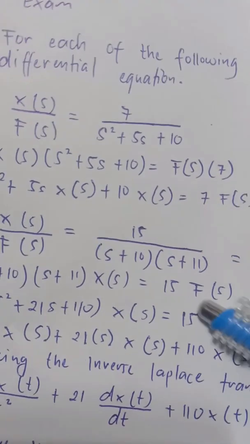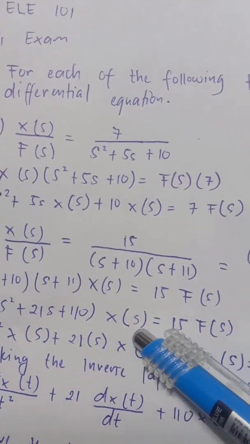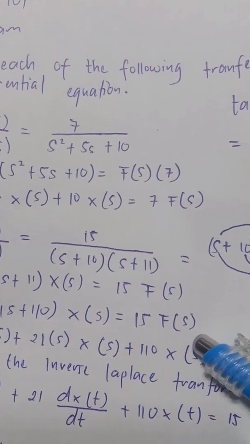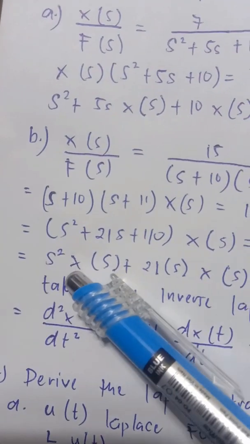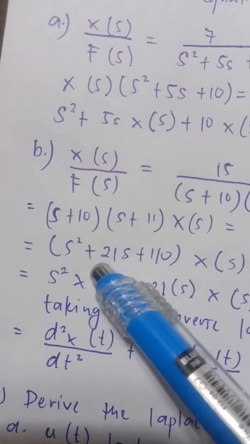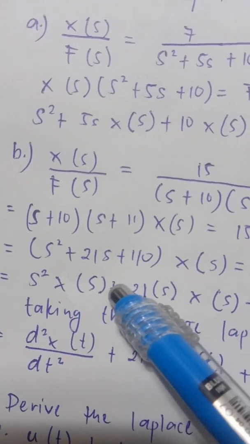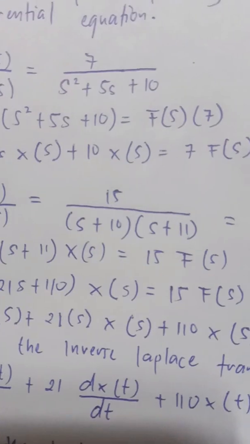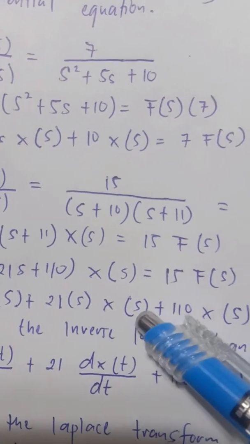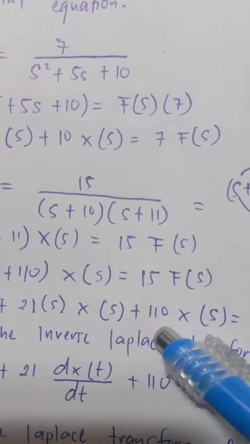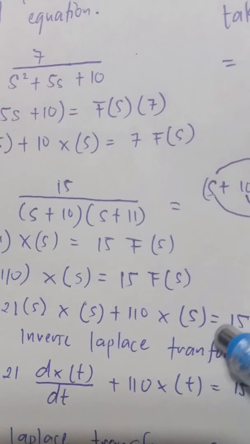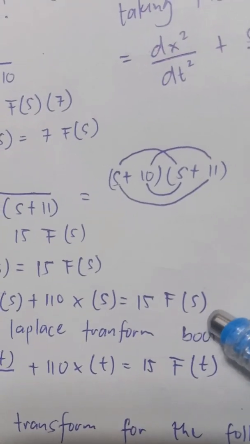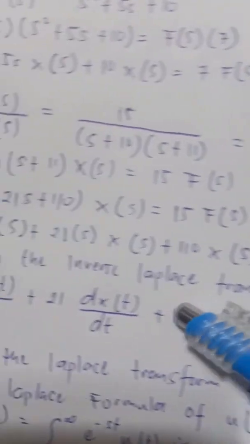Now proceed to X(s) equals 15F(s), so s squared X(s) plus 21s X(s) plus 110 X(s) equals 15F(s).